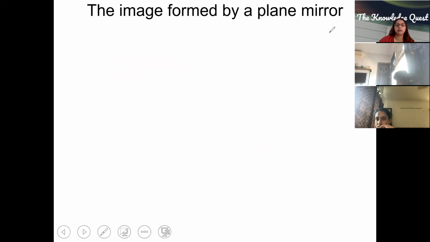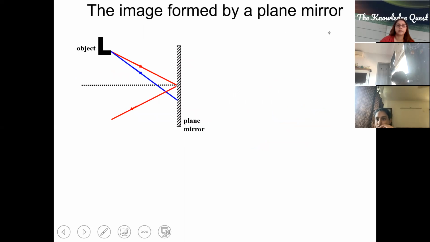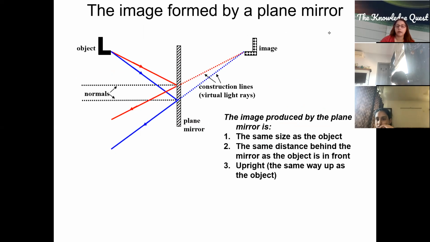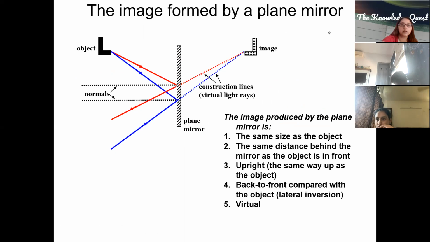Now this is done. This is the property of the image which is being formed by a plane mirror. So first we learn to draw this, okay? Do you have your notebooks with you? So you are going to draw with me. Make a plane mirror. This is your plane mirror.